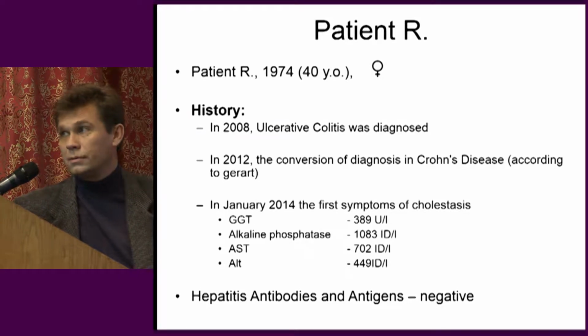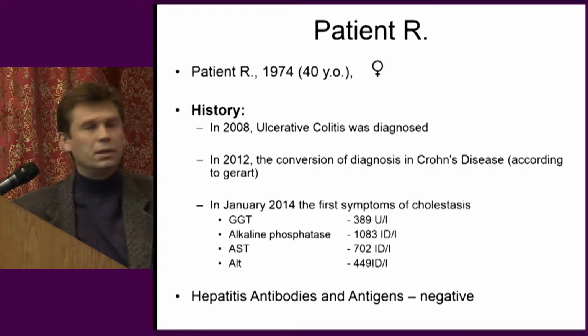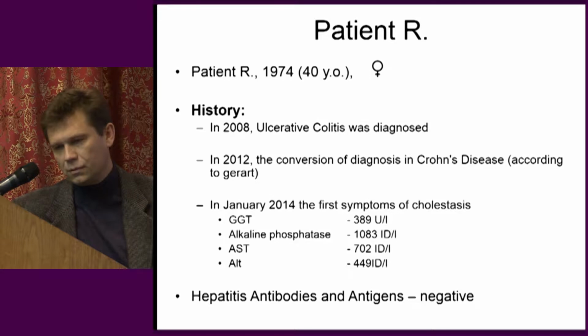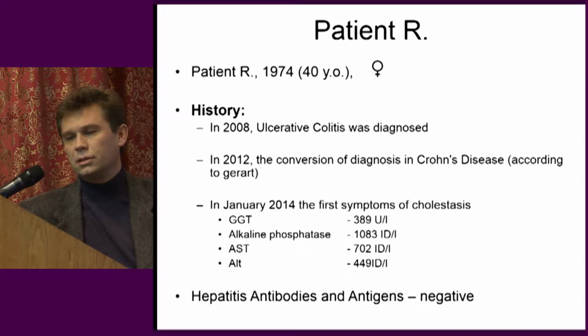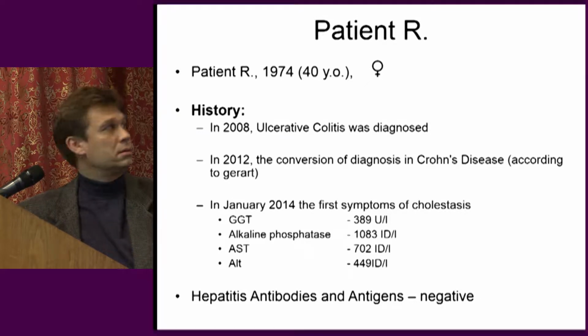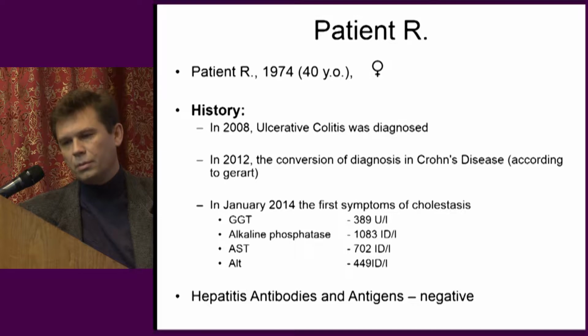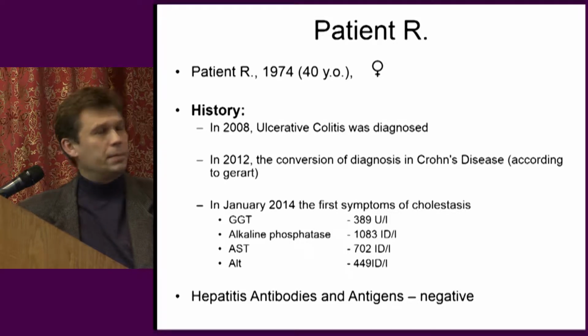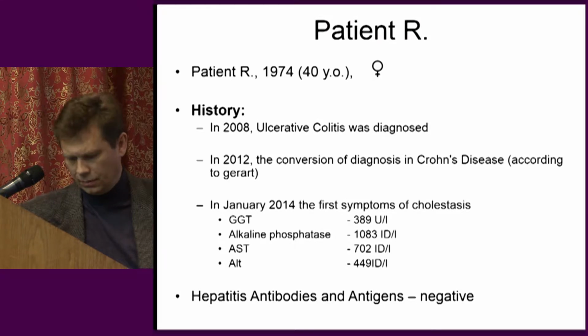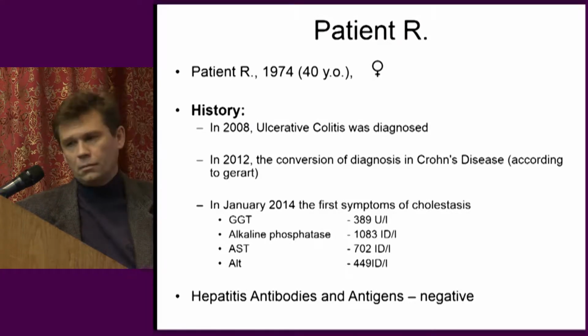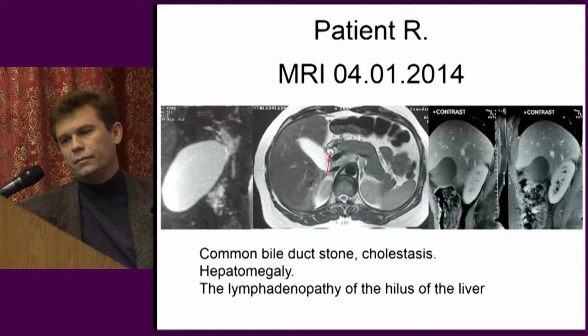In 2012, they reconsidered the diagnosis and there was a diagnosis of Crohn's disease because certain lesions were also detected in the ileal bowel, and then jaundice developed with cholestasis, and the viral hepatitis antigens were negative.